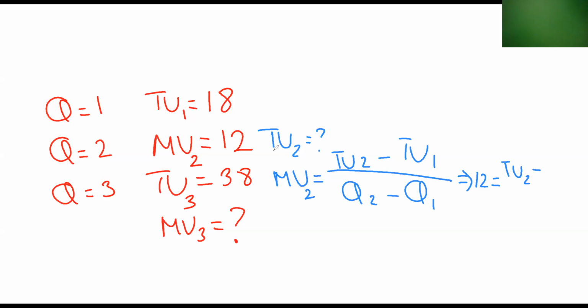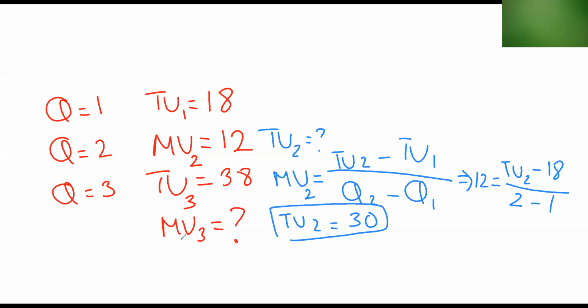That's what I have to calculate to get my marginal utility for the third cup. I do have the total utility for the first cup. It's 18. Quantity is super easy. It's 2 minus 1. So I'm going to calculate TU2. If you do the math, TU2 is 30. That's your 30 utils. Now I can use the formula and calculate my marginal utility. Let me change my color.